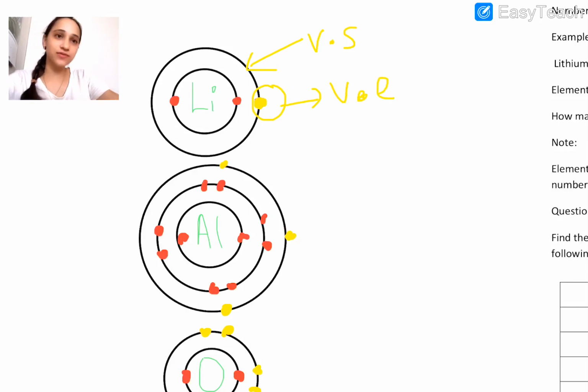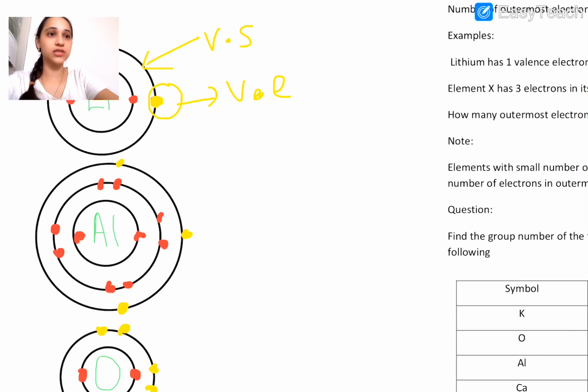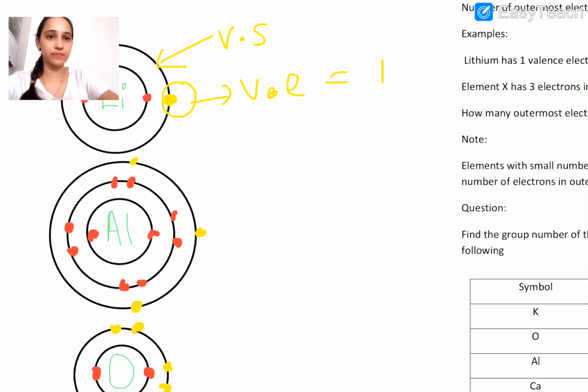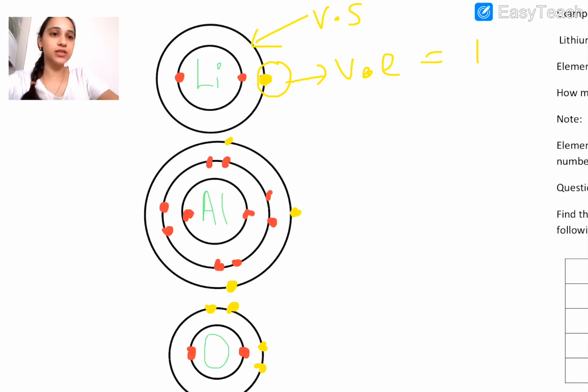And how many valence electrons do we see here? So lithium, valence electron, there's one of it. If we look at aluminium, the last shell has 3 electrons, so the number of valence electrons is equal to 3.